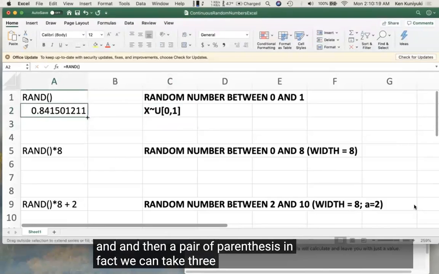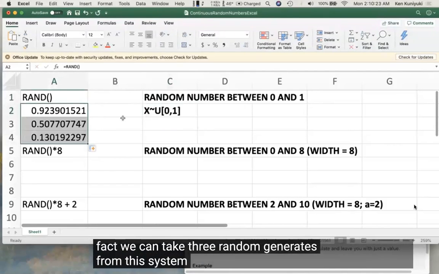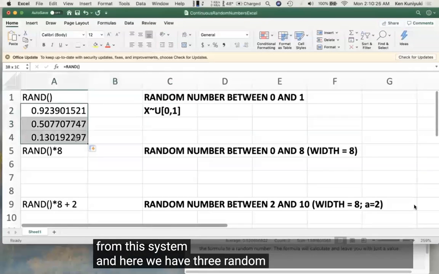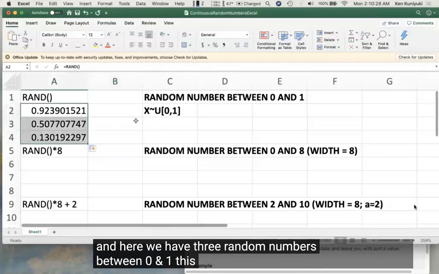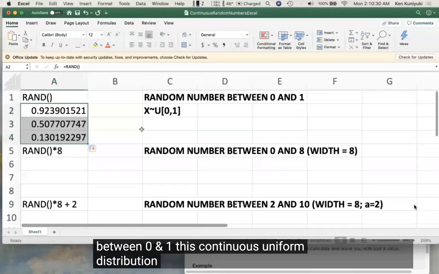In fact, we can take 3 random generates from this distribution. And here we have 3 random numbers between 0 and 1, this continuous uniform distribution.